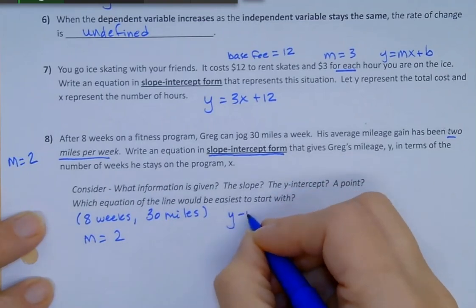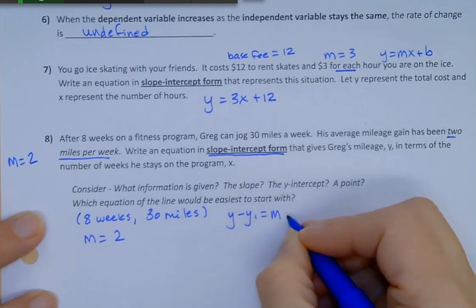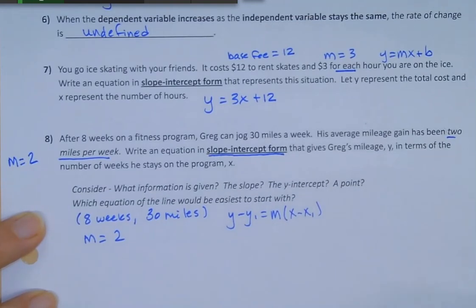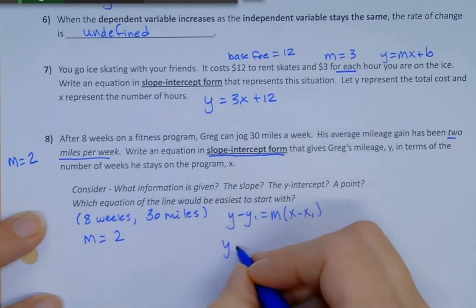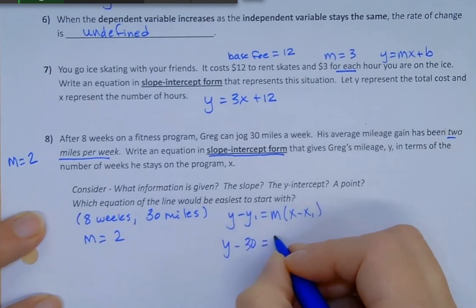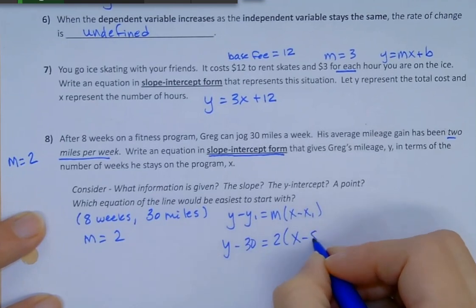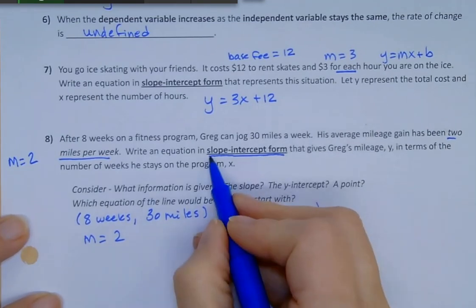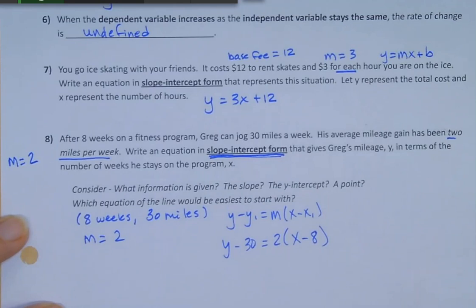Remember, that is y minus y sub 1 equals m times x minus x sub 1. So I'm going to plug in everything I know here. I know y minus 30 equals 2 times x minus 8. So I now have an equation of a line, but the problem asked me to write this equation of the line in slope-intercept form. So I need to rearrange it.